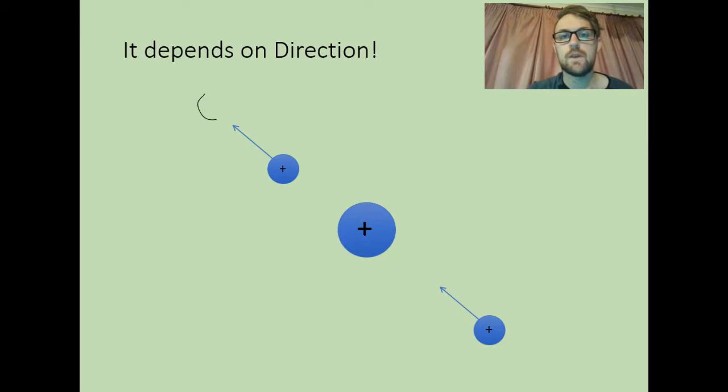So as the object moves away, it's going to start gaining some speed, and it's going to gain kinetic energy. Now if this object moves towards, that's not natural. Positives coming together is not natural, so it's going to gain potential energy. It has a higher potential to move away if we bring these things closer together.